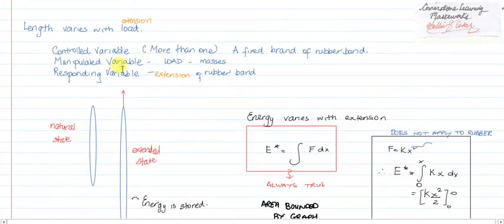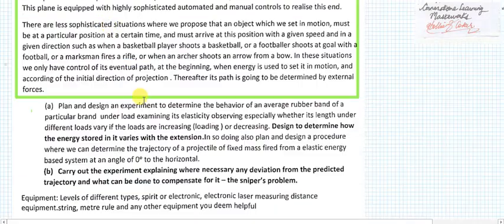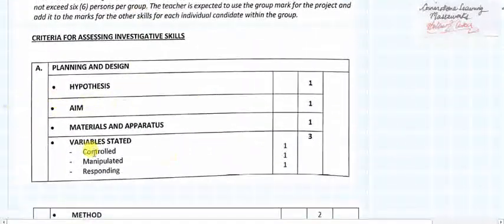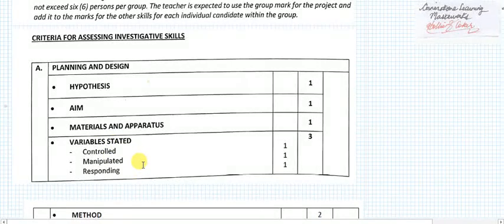Well, in the experiment, if you look at the structure of what you expect to do in the investigative project, you must have some variables. What is controlled, what is manipulated, what is responding. So we had 2 parts, and the first part we want to find how the extension varied with the load.